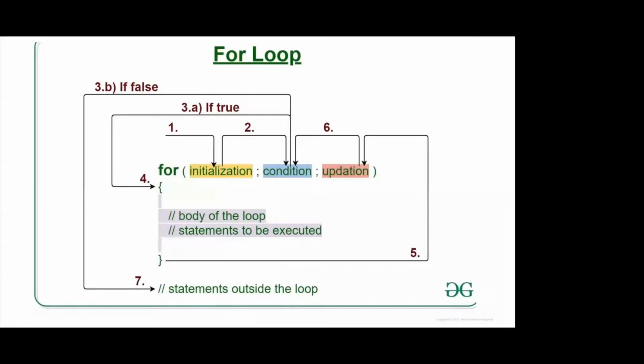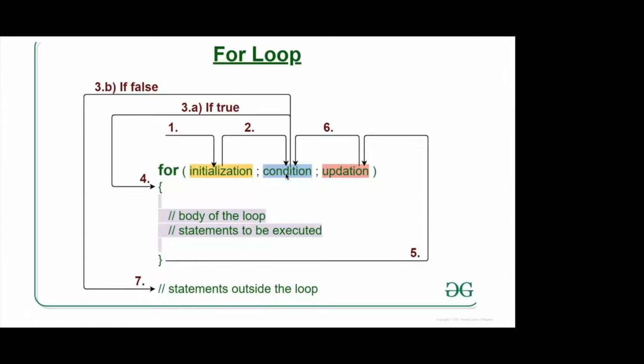So the for loop is a condensed version of the while loop. The first step is initialization. We have basically three parts in the parentheses. On the left part we have initialization, let's say int i equals 0. Then the second step is to check the condition, just like the while loop.